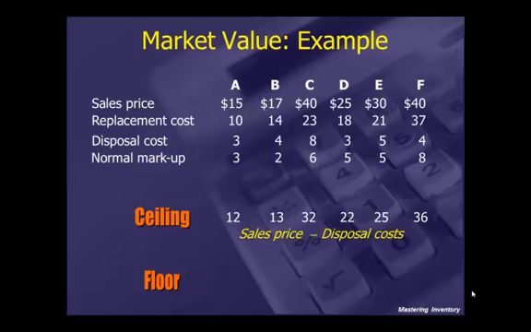On A, the sales price is 15, the disposal is 3. 15 less 3 is 12. On B, the sales price is 17, less the disposal cost of 4 is 13. On C, the sales price is 40, less the disposal cost of 8 is 32. That's the way it works across the board.